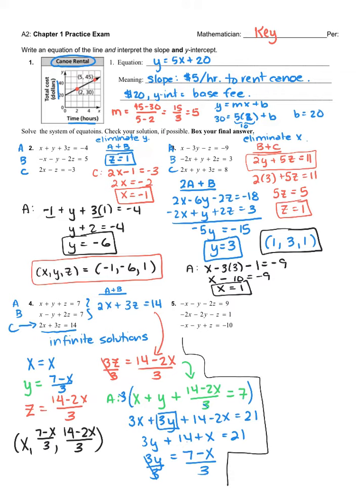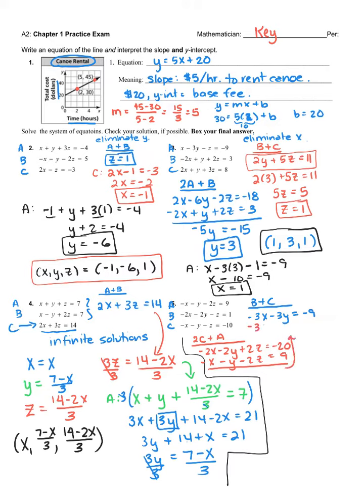So 2 times C is minus 2x minus 2y plus 2z equals negative 20. A is going to be negative x minus y minus 2z equals 9. And when I add those together, I'm going to write my solution up here because I want to combine them.